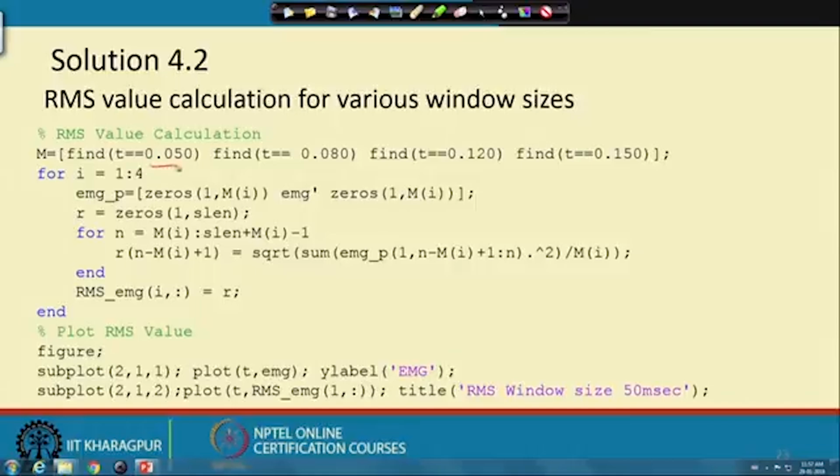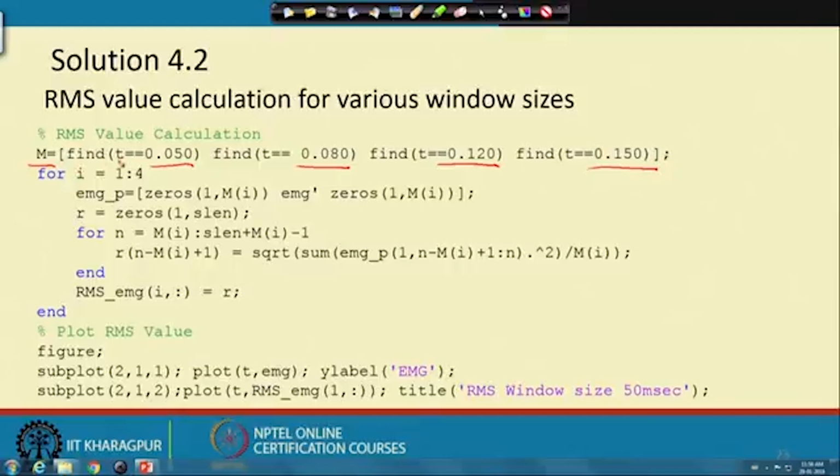First is 50 millisecond, second is 80 millisecond, third is 120 millisecond, fourth is 150 millisecond. Everything is expressed in seconds, because the time axis is given in seconds, and here we have created a vector of m.